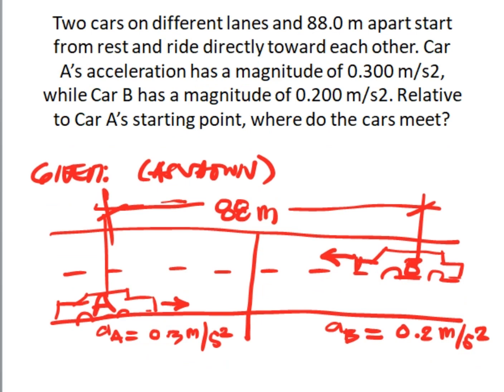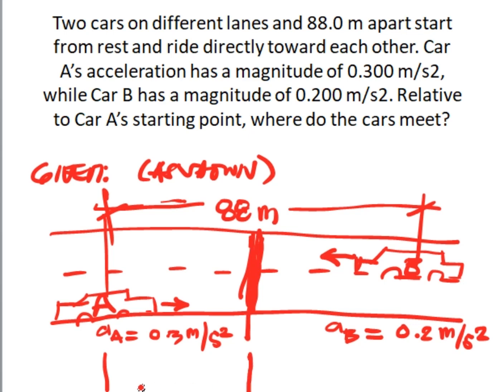Now we are being asked, relative to car A, where do the cars meet? Therefore, we are being asked to find this distance, from car A to this point where they have met.